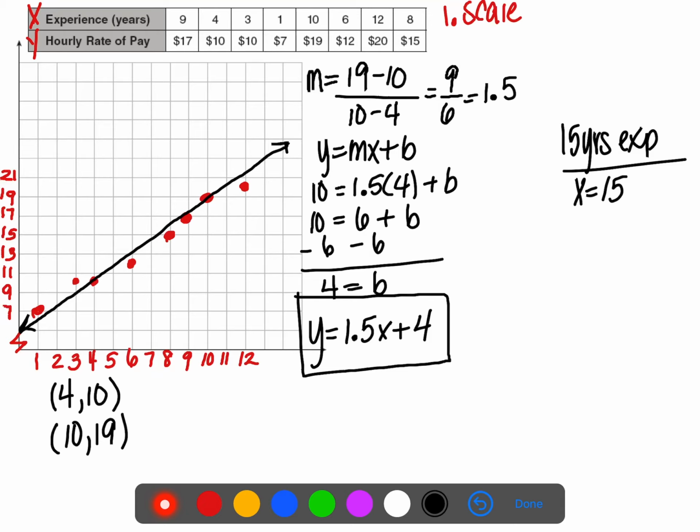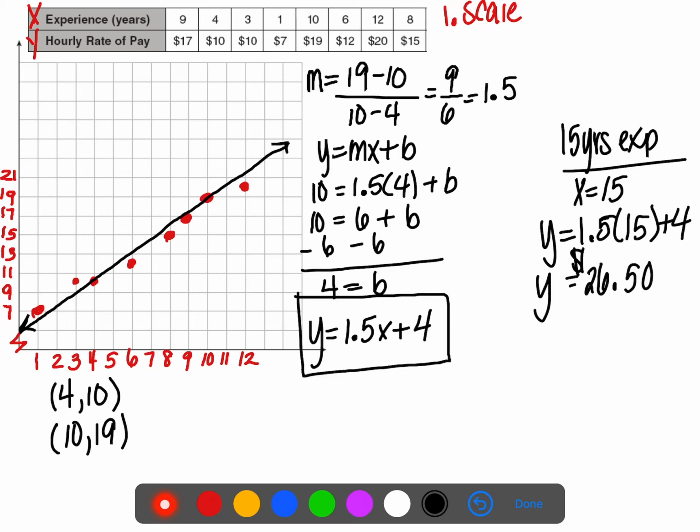I'm going to take x equals 15 and plug it into my best fit line, and I'm going to use that equation to calculate: for 15 years of experience, what should someone get paid? And that's telling me it should be about $26.50 an hour.